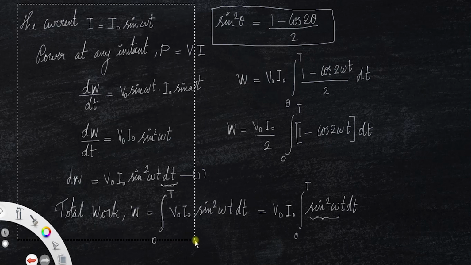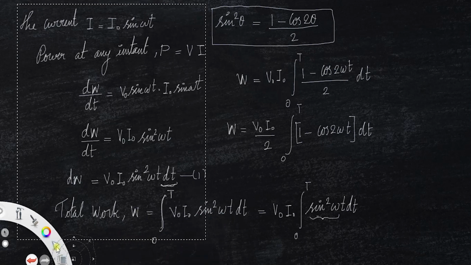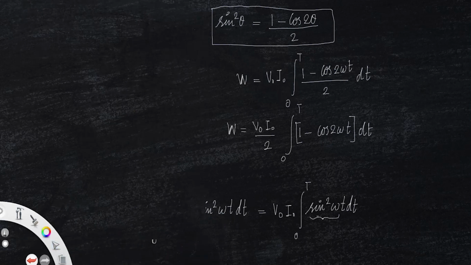Now we can integrate this. So W is equal to V0 I0 by 2. Integral of 1 dt is t. Integral of cos 2 omega t is sine 2 omega t, and you also have to divide by 2 omega.